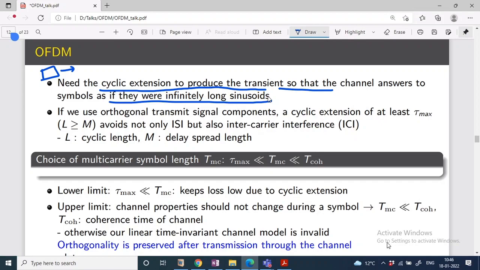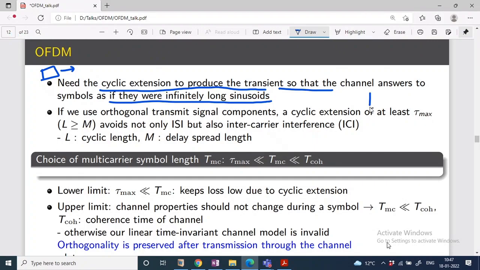But we cannot take infinite duration sinusoidal signals at the transmitter, so we take finite duration sinusoids by multiplying by a window. But then the output is not a sinusoid. So the basic idea is that we extend these sinusoidal signals such that the channel experiences an infinitely long signal being fed.